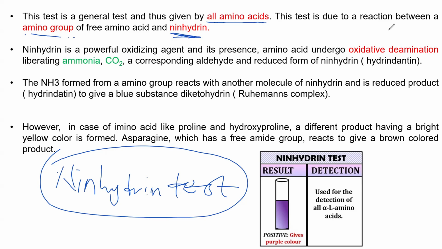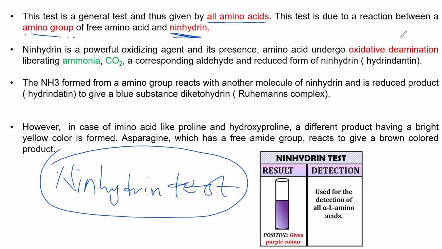And this ninhydrin is a powerful oxidizing agent. So amino acids, in the presence of this ninhydrin in a given solution, will be oxidized through what we call oxidative deamination.